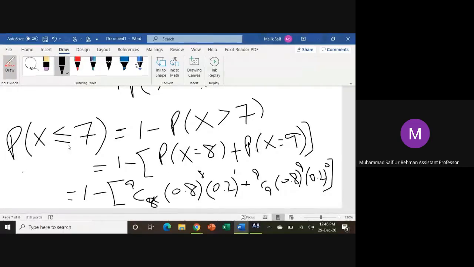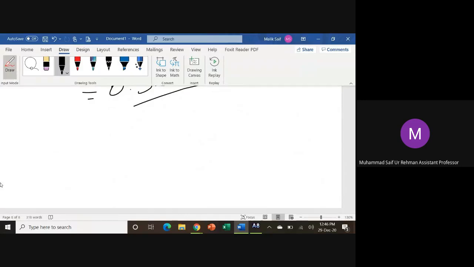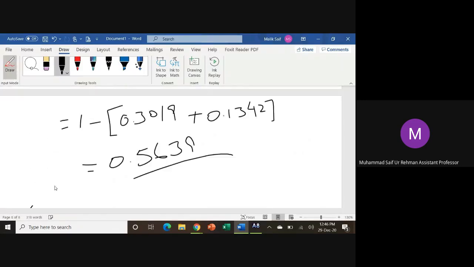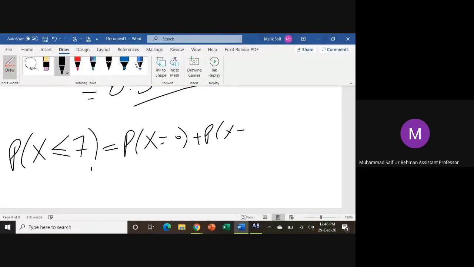But if you are going to write this using the other strategy, then probability of x less than or equal to 7. In this case, the other strategy is probability of x is equal to 0 plus probability of x is equal to 1 plus so on, and you will stop at probability of x is equal to 7.